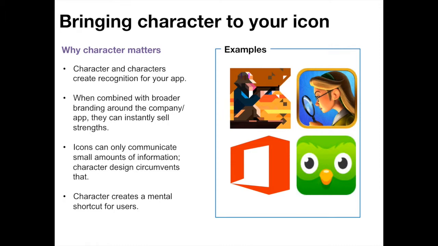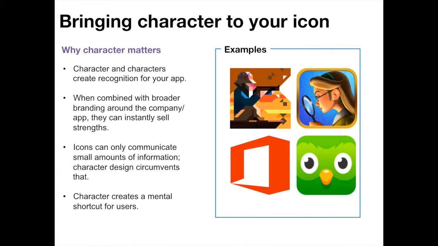And on the right-hand side, you have the Duolingo owl. So Duolingo is a little app that helps you learn languages, and essentially, this little owl is your companion. He goes through, he sets you challenges, he gives you badges, etc. And I think his strength is really about when you're downloading the app and using it for the first time, you won't necessarily recognise that this is what this app's about.